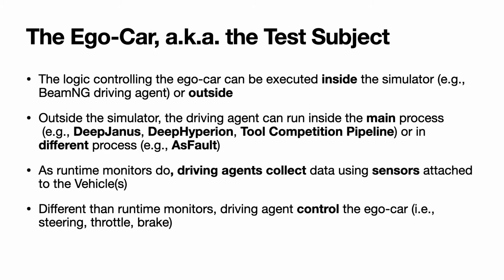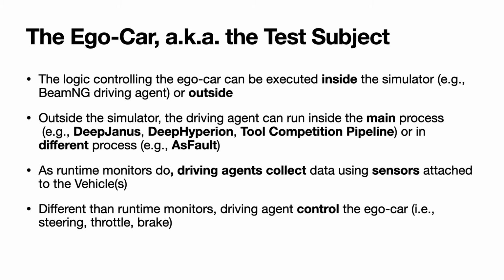Now, differently than other simulators, all the communication between processes and the simulator must go through this Python API abstraction. So there is no support for ROS or ROS2 or other systems that are commonly used to let driving agents take control over the cars. So the pattern is always the same.